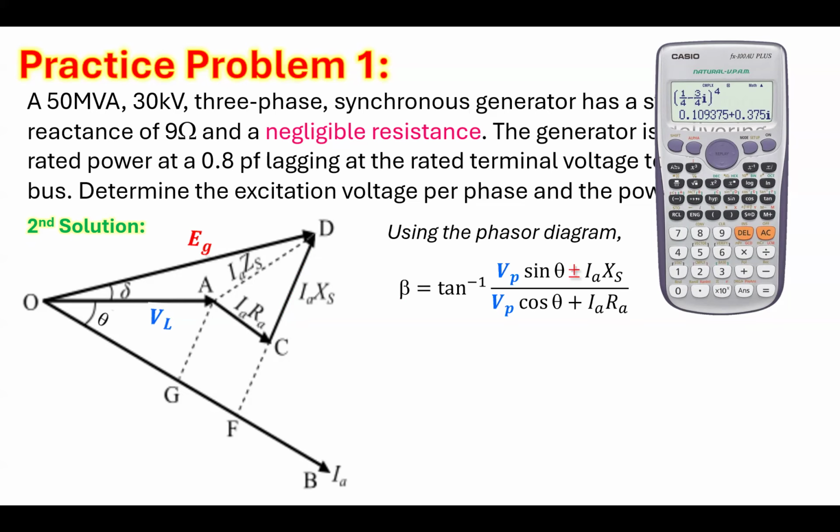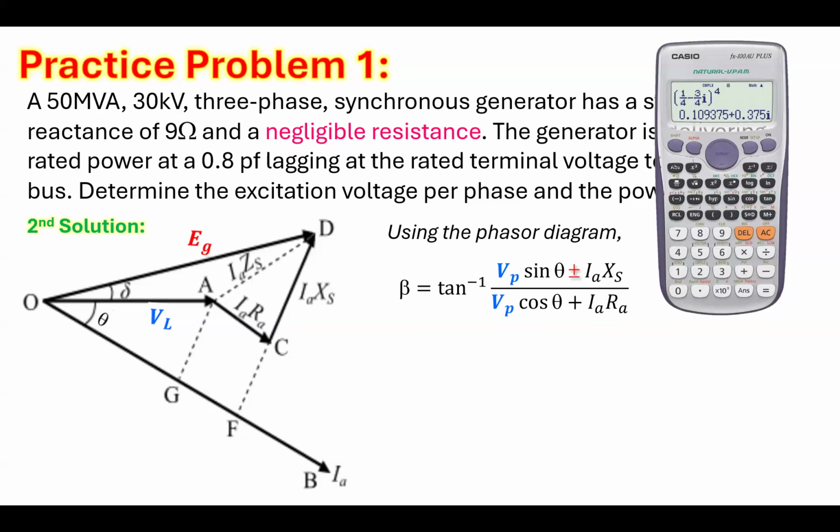So we will use the Greek letter beta to represent the angle between the generated voltage and the armature current. Using the trigonometric function of tangent, that is opposite over adjacent.